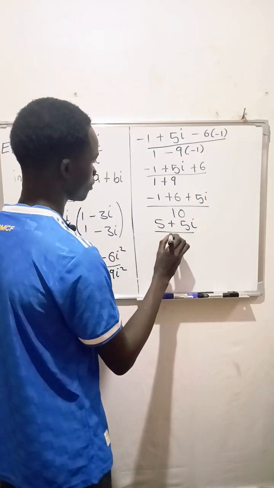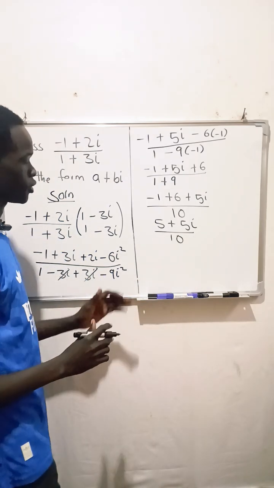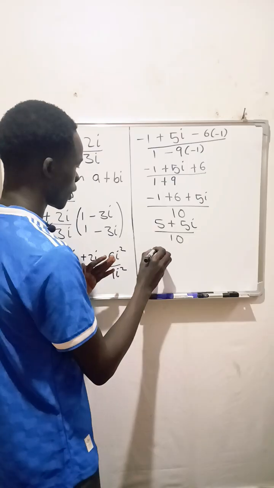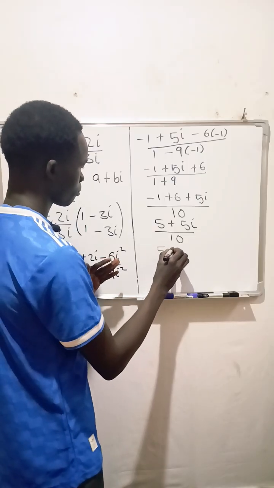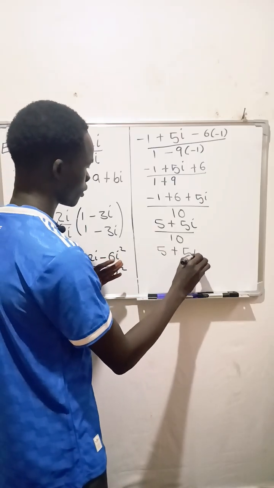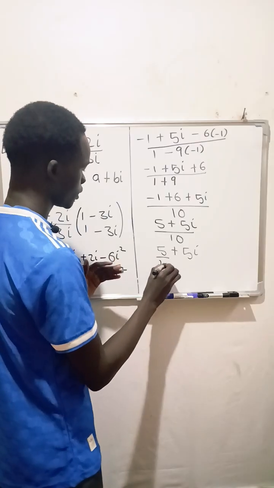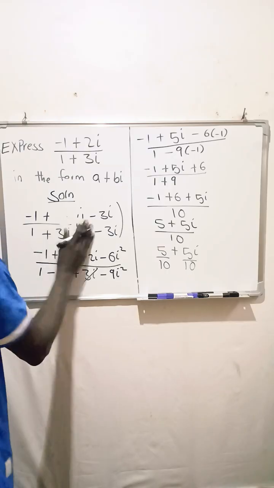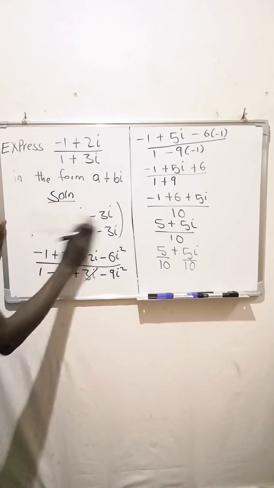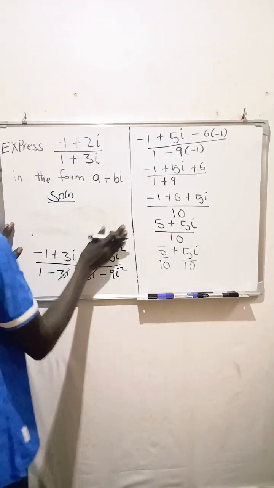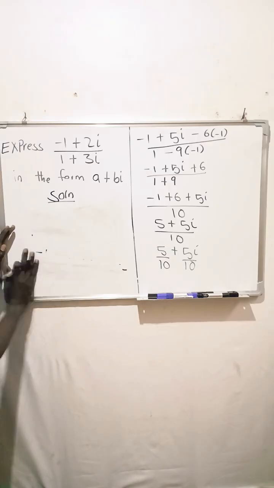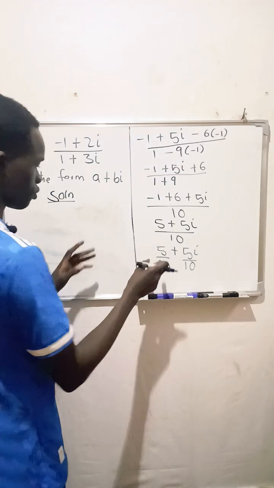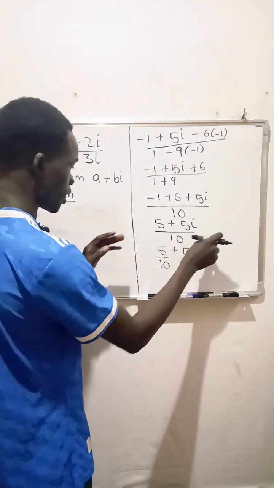Out of 10. I can even write it in the form 5 plus 5i, each out of 10. Here we have 5 out of 10 plus 5i out of 10.